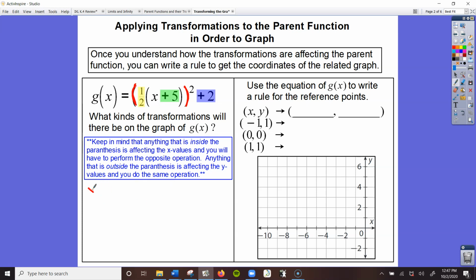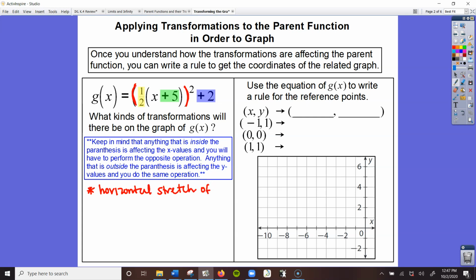But anyway, we have this 1/2 on the inside, which means that you would take the x values and divide by 2. But remember that since it's in the parentheses, we're actually doing the opposite. So instead of dividing by 2, you are multiplying by 2. So this will be a horizontal stretch of 2.